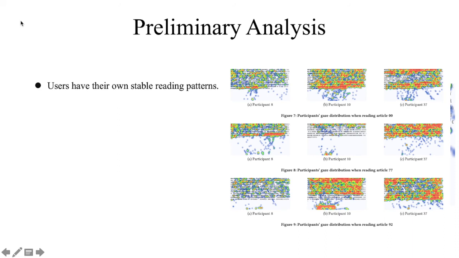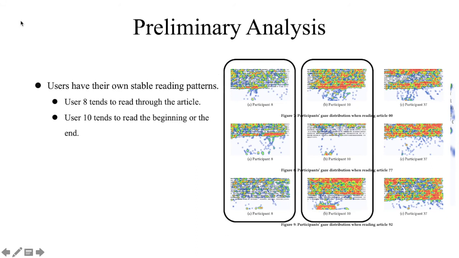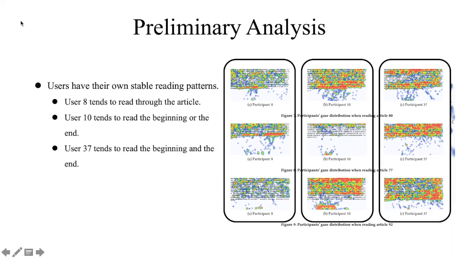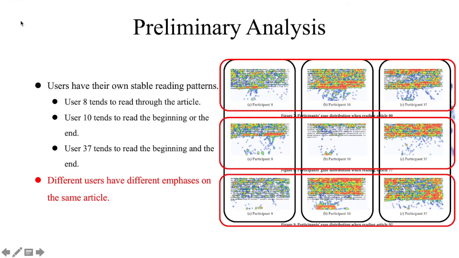Specifically, user 8 tends to read through the whole article. User 10 tends to read the beginning or the end of the article. User 37 tends to read both the beginning and the end. And it is not difficult to find that different users have different emphasis on the same article.